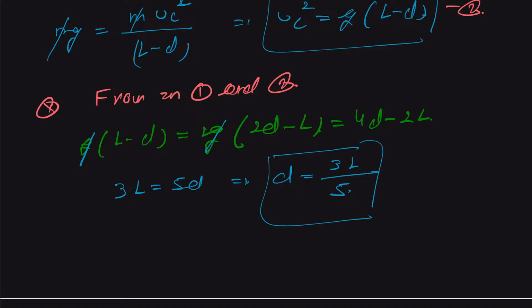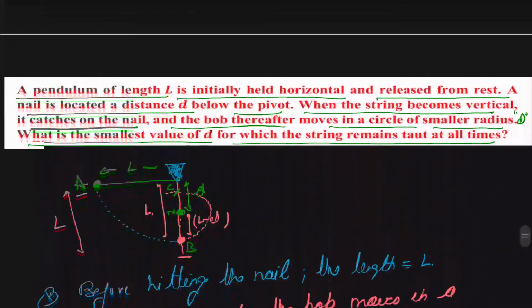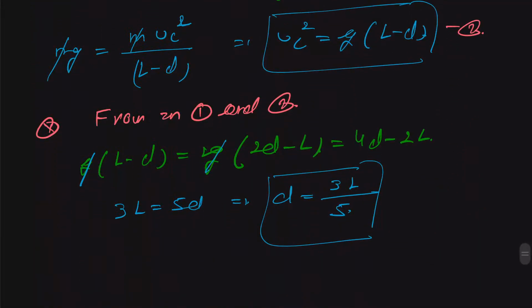Okay. So this is our value of d, the distance of our nail, at which the string will be just taut. Okay. So this completes all the 3 questions for today.